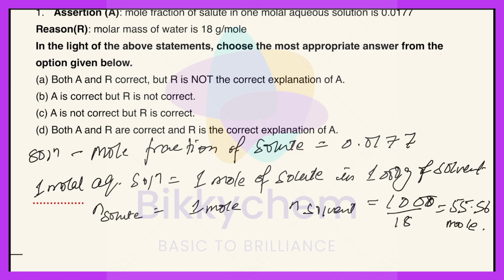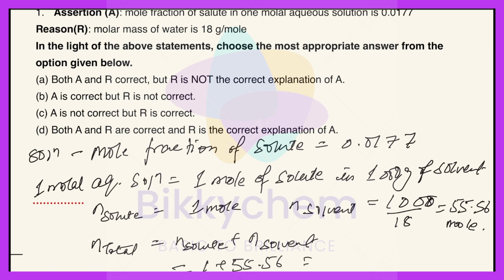Now N total will be N solute plus N solvent, which is 1 plus 55.56, that is 56.56 mole.